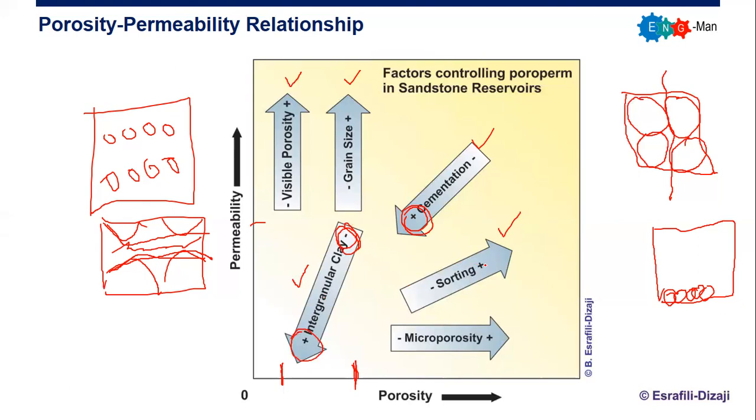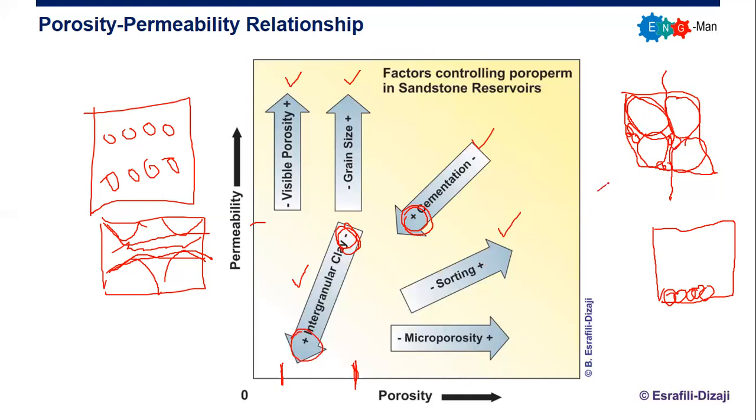Okay, so if you have big size, we prefer having all the grains at the same size, like this one. You just want them to be there. You don't want any smaller grain filling this space there, right? Because it will reduce significantly the porosity and also the permeability.